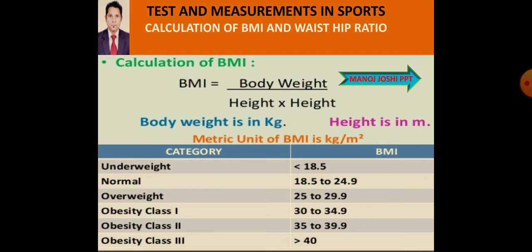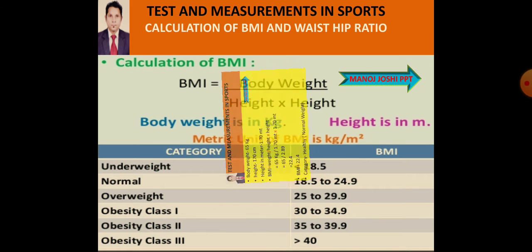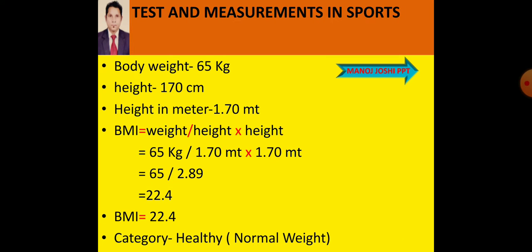So this is very easy to calculate, by putting the values in this formula. Suppose the body weight of the person is 65 kg and height is 170 centimeters. We can convert the height into meters, so it is 1.70 meter.